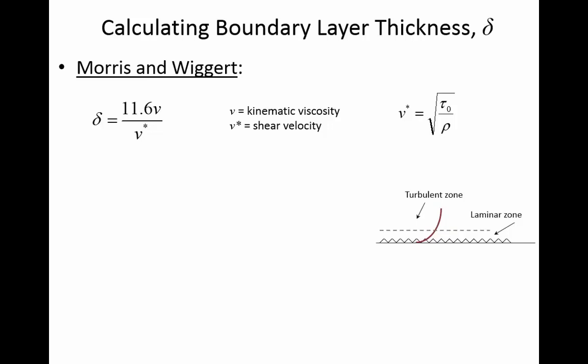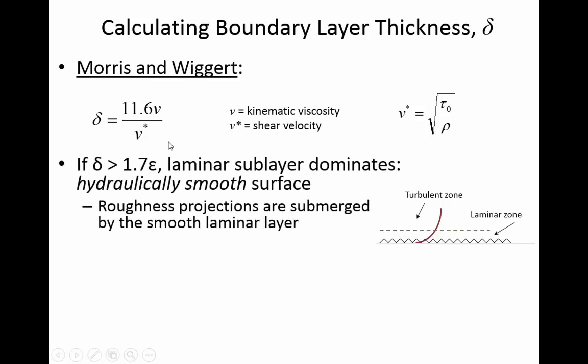It varies based on the fluid and the temperature of the liquid. A typical kinematic viscosity for water is 1 × 10⁻⁶ meters squared per second. If it's not room temperature water, then you just look it up from the table. The Morrison-Wigert criteria says that you can calculate the thickness of the boundary layer according to this formula.